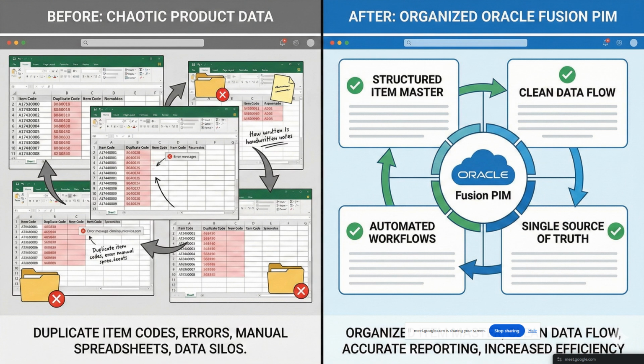All these things are very difficult to identify because you are maintaining excess or duplicate data manually. In Oracle PIM, items are created in a structured way under the master, and that can be associated with the inventory organization. So it will be clean data, and it will increase your efficiency as well in maintaining your master data.